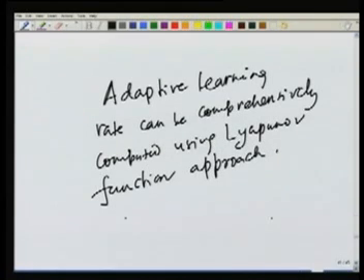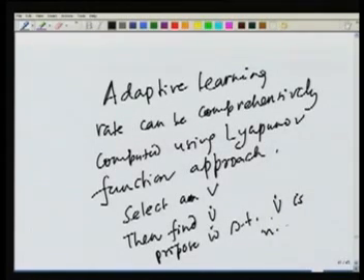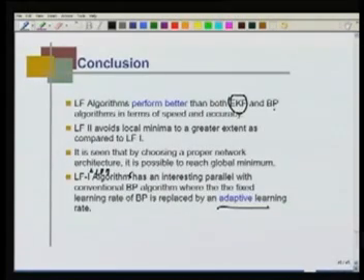So, here we select a Lyapunov function V and then find V dot, and propose W dot such that V dot is negative definite. By doing this, we attained an adaptive learning rate.